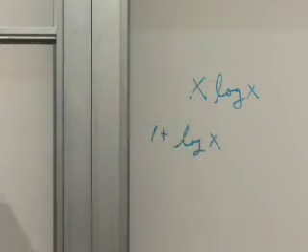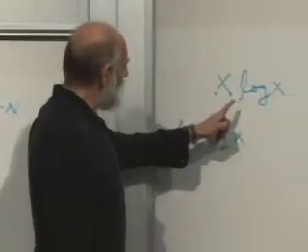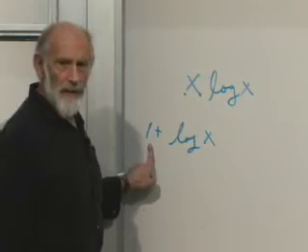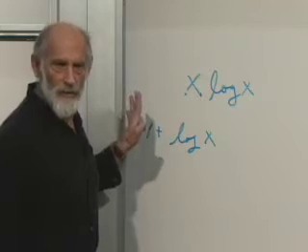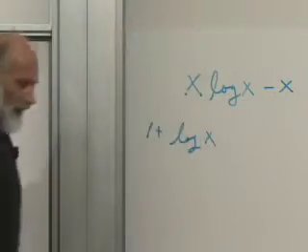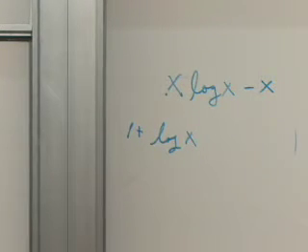We wanted to get log x. We didn't want to get 1 plus log x. But all we have to do now is to subtract something from this whose derivative is 1, which is x. That, my friends, is the integral of log x.